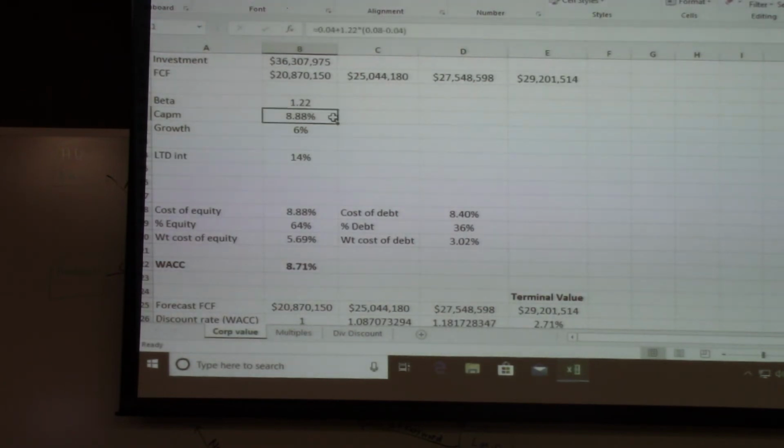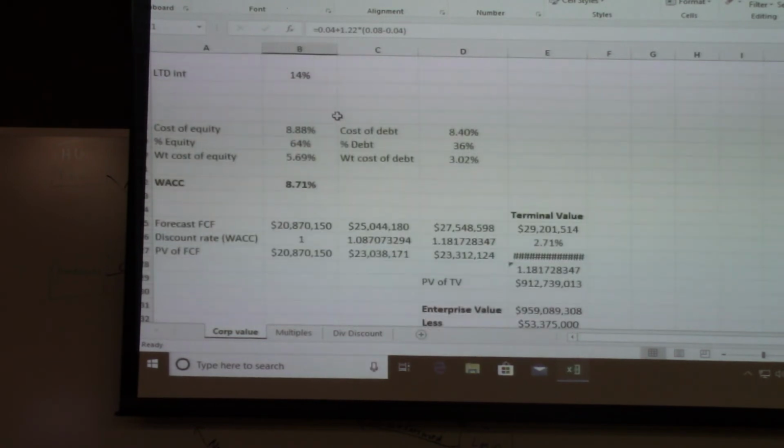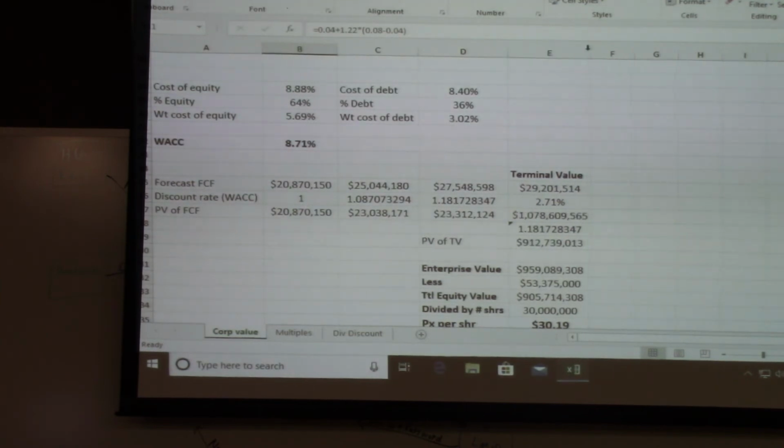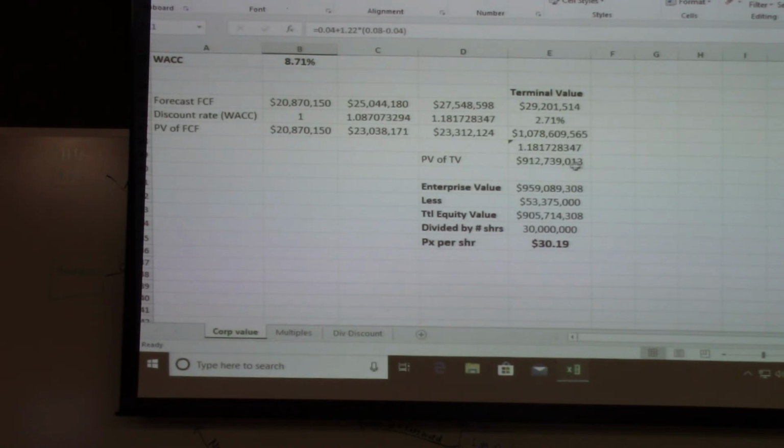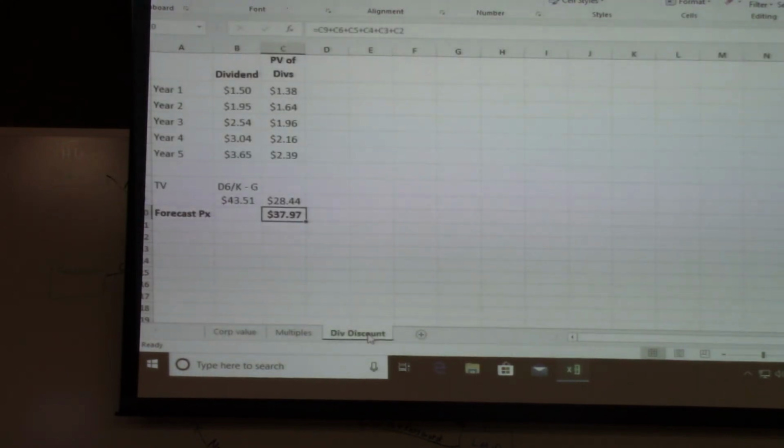So if we change our CAPM calculation and say it's the risk-free rate of 4%, that's the Treasury, plus the average beta of 1.22 times the expected return of the market, 8%, minus the risk-free rate of 4%, then that will lower our cost of equity, which will increase our value per share using the corporate value model to $30.19, which is very close to the dividend discount estimate of $38.